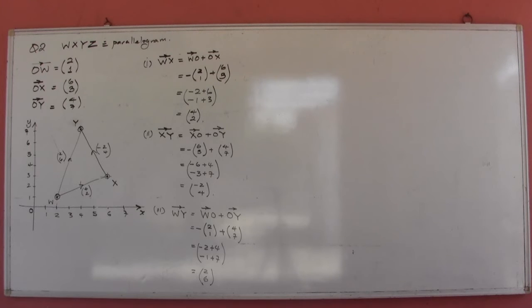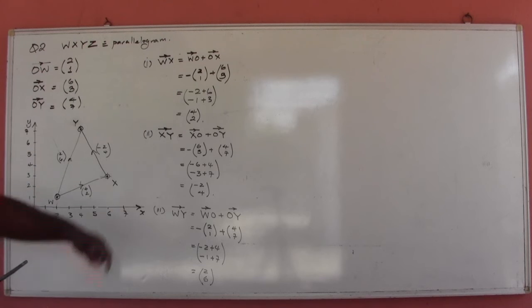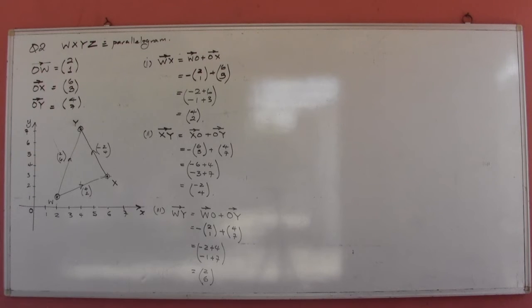Essentially we have to go back to what we were told initially, that WXYZ is a parallelogram. So Z is somewhere out here. What do I know?